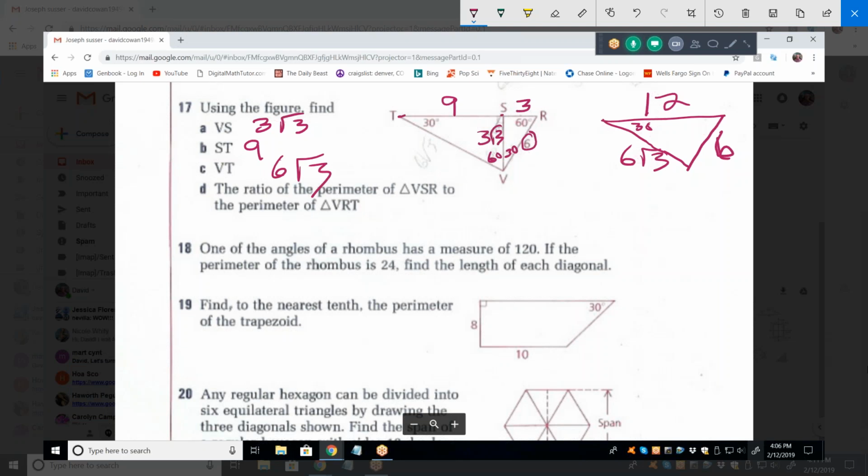The ratio of the perimeter of VSR to the perimeter of VRT. That's probably an easy way to do this, but let's just do it the hard way. What's the perimeter of VSR?